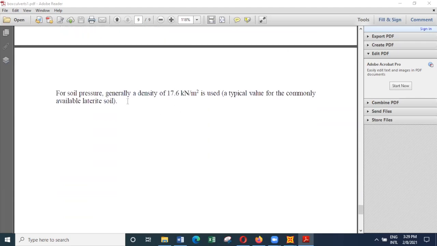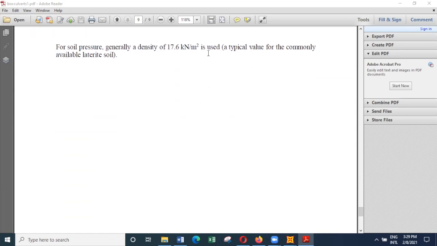Basically for 30 units of HB, we consider the live load surcharge as 12 kilonewtons per meter squared. And generally the density of soil is considered as 17.6 kilonewtons per meter cubed.